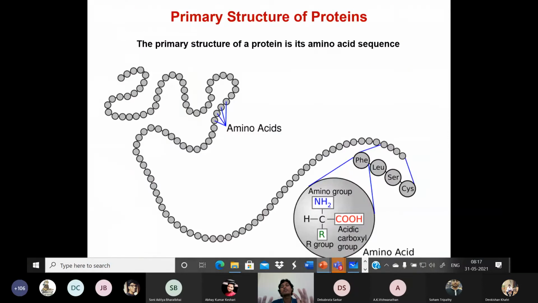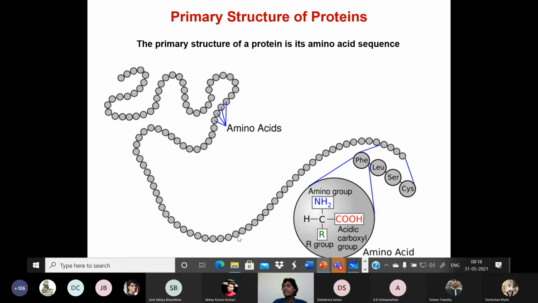Now, whatever I discussed in the previous slide, was just to give you an impression that proteins are of different levels, they have different architecture and they have different functions. But all of them should start with a simple thing, nothing but a polymer of amino acids.